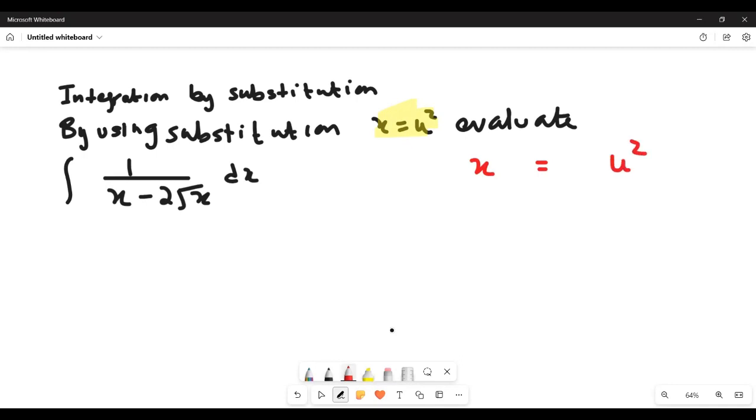Now what you do is you derivate this with respect to u. So when we do that, dx upon du, we get 2u here. And then you can send du to the other side. So now you know that dx is equals to 2u du.